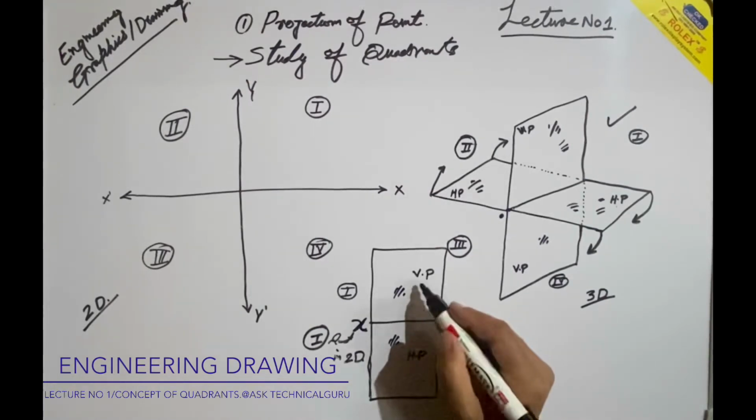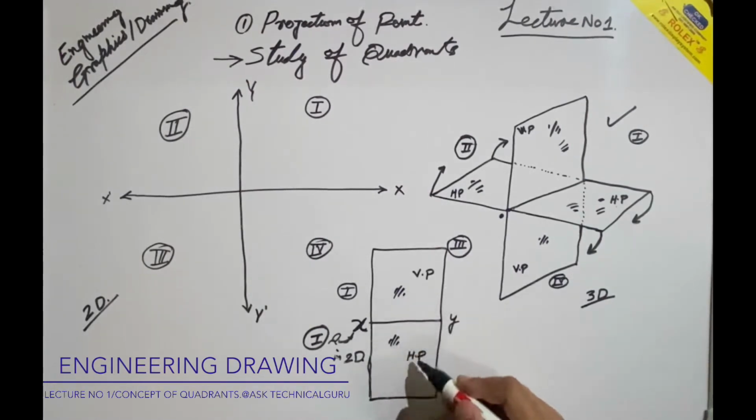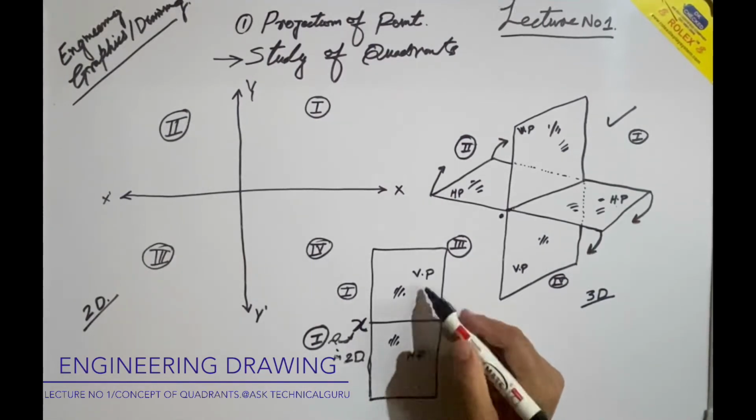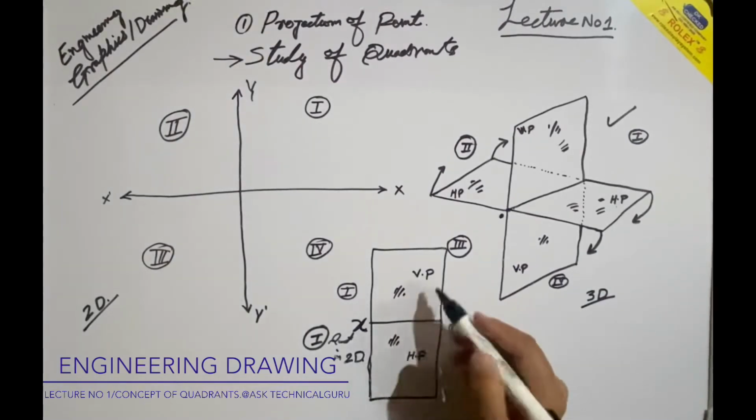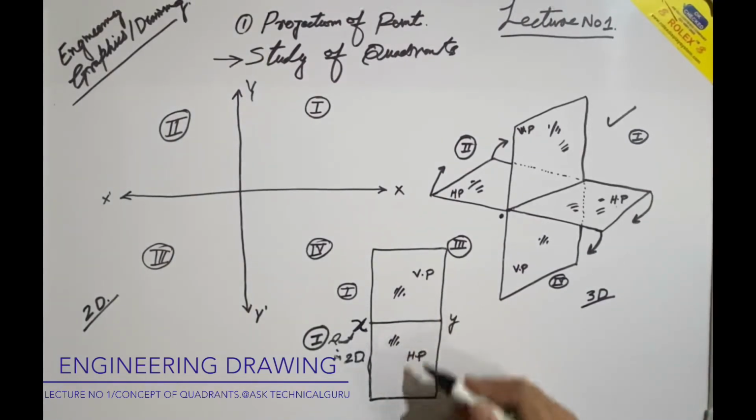Above this XY line is the vertical plane, VP, and below this XY line we have the horizontal plane.